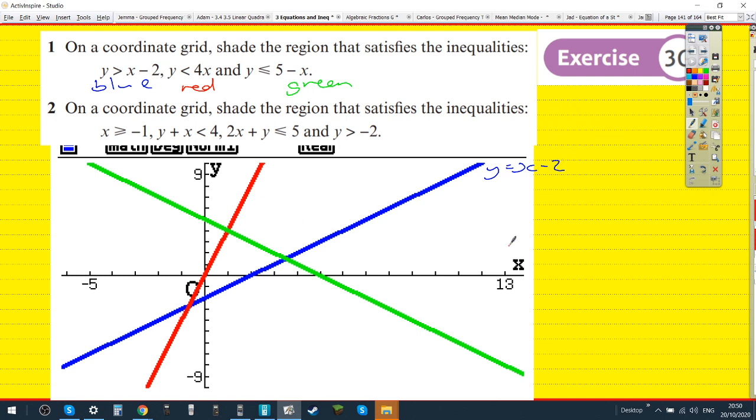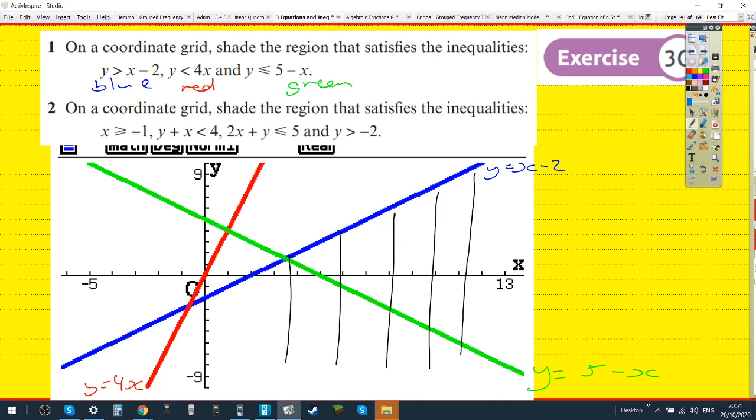Anything less than x minus 2 should be taken out. And so where is that on this graph? Is that just under the blue line? Yes. So we delete everything under the blue line. Okay. Next one.